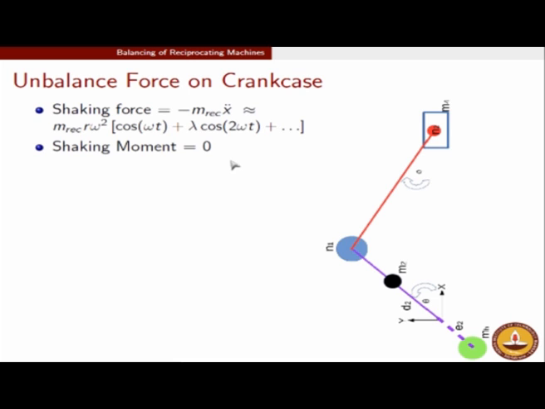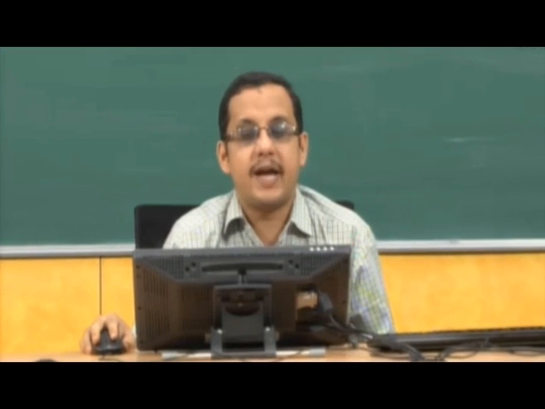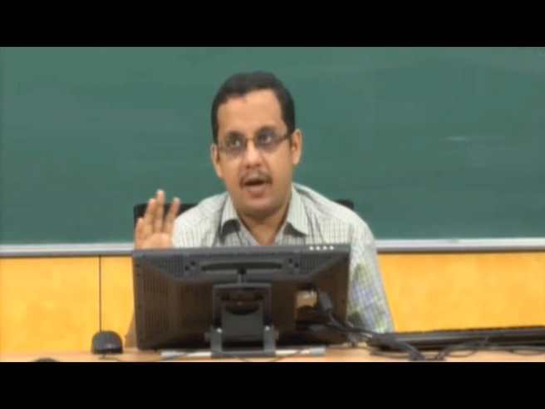The approximate analysis definitely is not completely accurate, but with the assumptions that were inbuilt in it, we were able to get a very nice and compact expression of the shaking force along x direction, and shaking moment was completely 0, shaking force along the y direction was completely 0. After the interactions for a few minutes, we will come back and reflect on how to use this formula in order to get a better design in terms of balancing of our reciprocating machine.